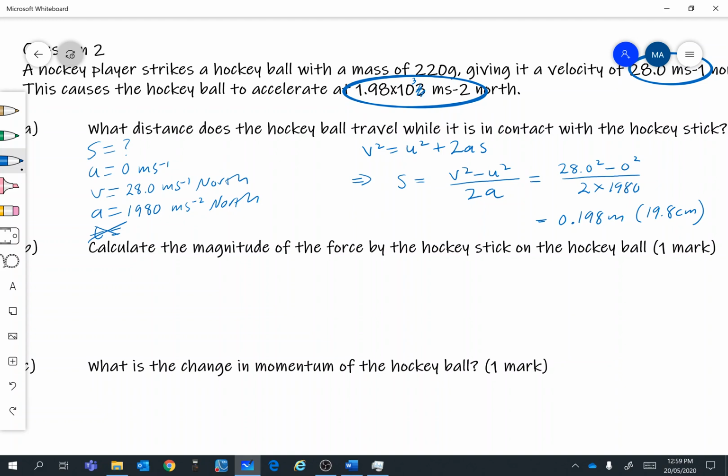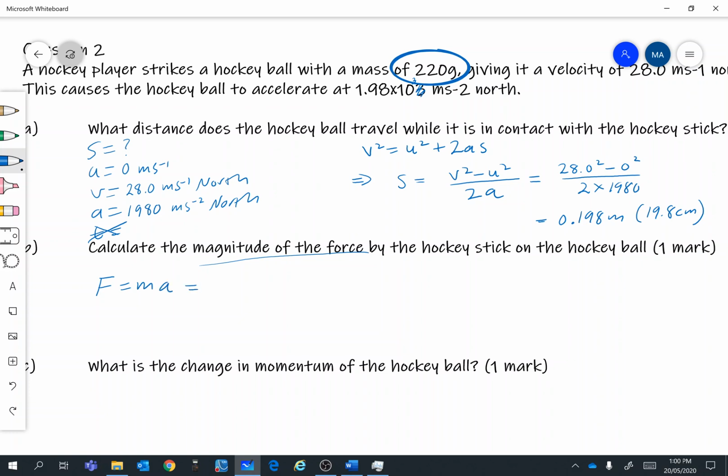Now, one number we didn't utilize previously was the mass of the hockey ball. So that's going to come into it now. We're asked to calculate the magnitude of the force by the stick on the hockey ball. So remember Newton's second law, force equals mass times acceleration.